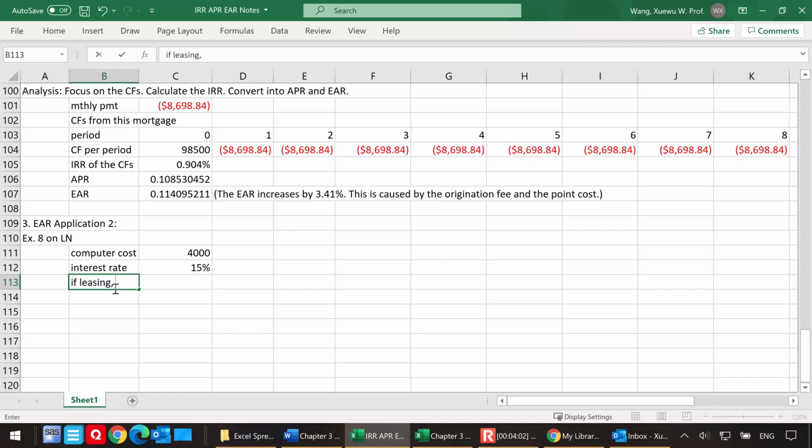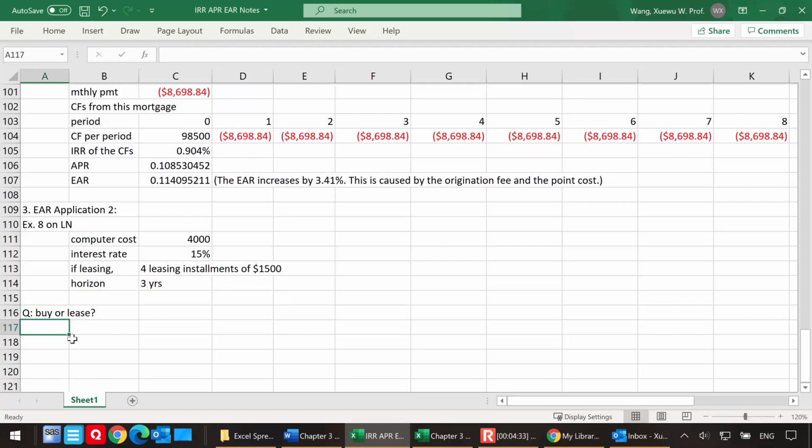If leasing, you have 4 leasing installments of $1,500 each time, starting immediately. The horizon we're talking about here is 3 years. So the question is, do you want to buy or lease the computer?